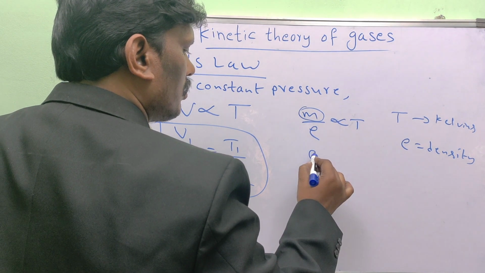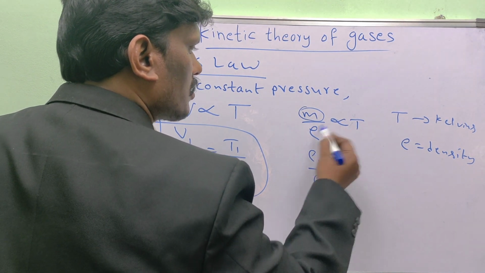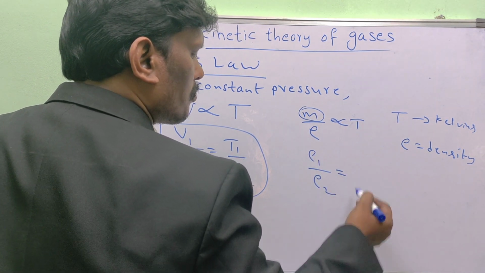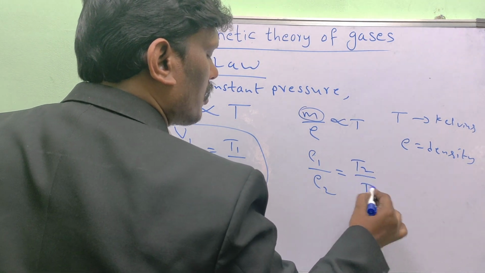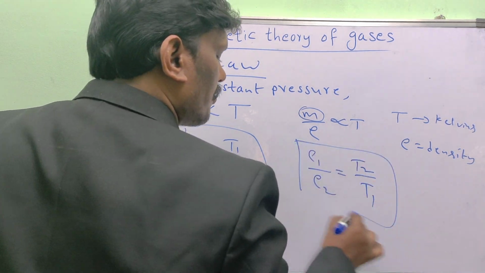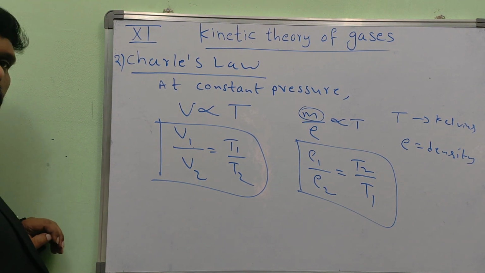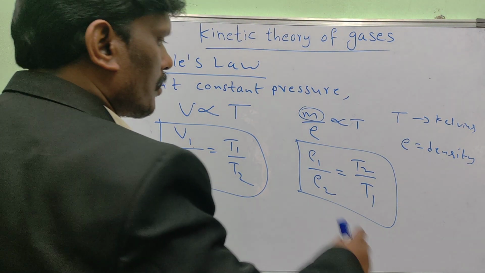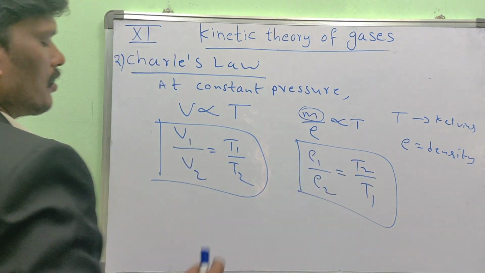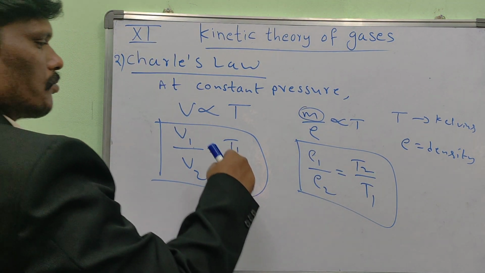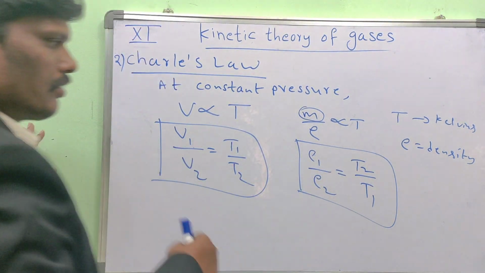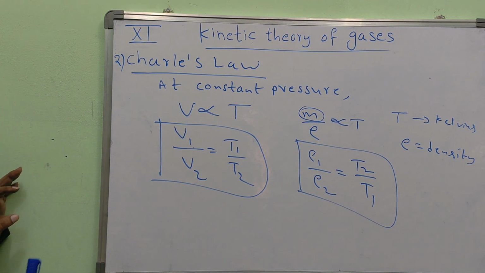Rho 1 upon rho 2 is equal to, inversely proportional, so 1 by 2 becomes 2 by 1, T2 upon T1. This is one more formula in Charles' law we use to solve problems. If the problem is related to density and temperature, use this one; if it is volume and temperature, use the other formula. We are going to get the results. One more most important relation we need to discuss here.